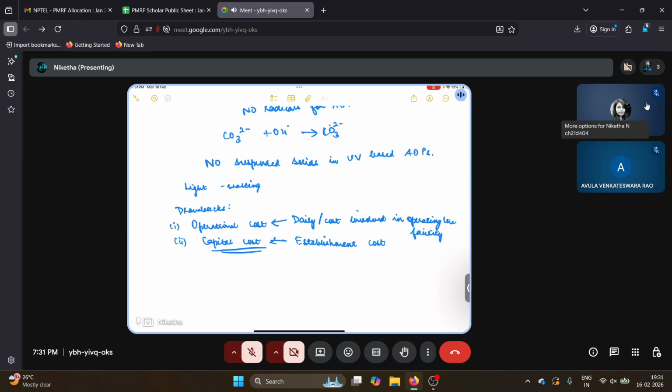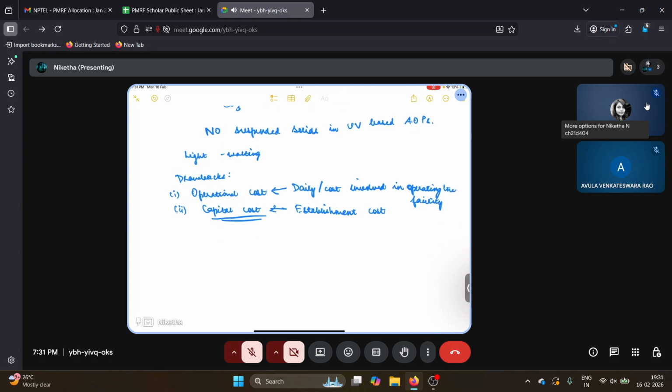So we need to design in such a way that the water comes in contact with the UV radiation without actually damaging it. Infrastructure-wise we need to plan and have sufficient infrastructure to facilitate this process. That is why the capital cost is higher.